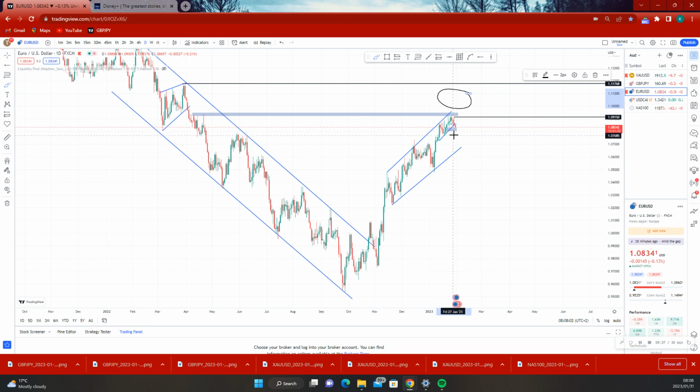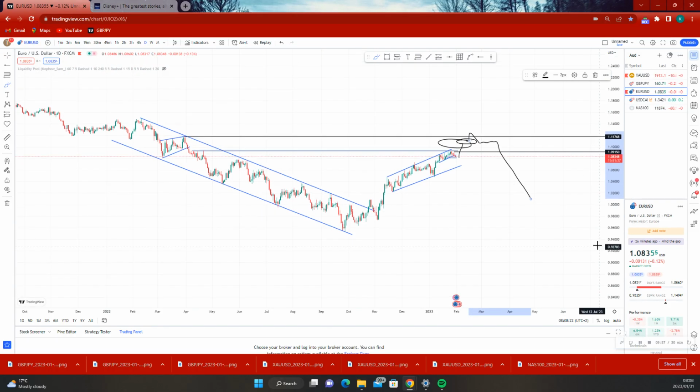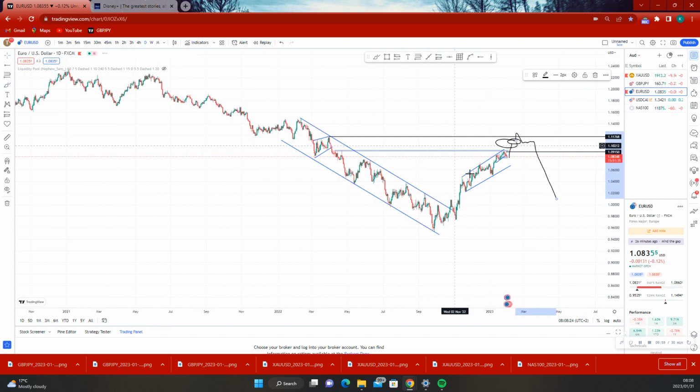So I would expect, if price goes in that area, to look for any opportunities to sell the market if given, right? If they're not given, I would look for price to take that high, and then after taking that high come back, trade a bit below, so we can continue our movement downwards, right?